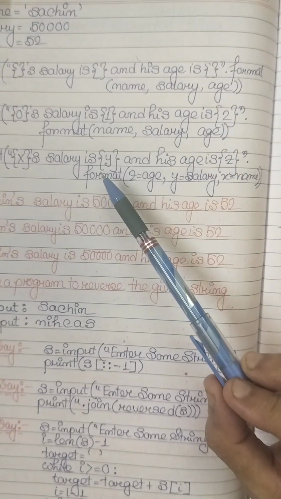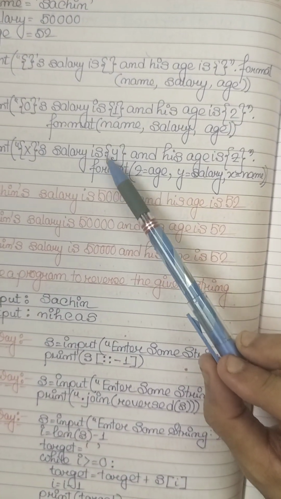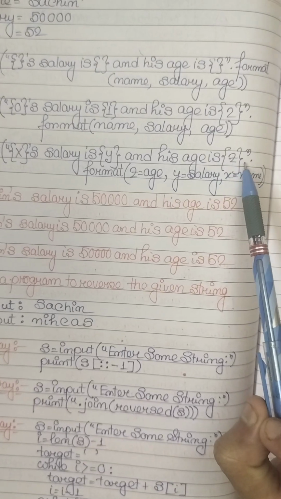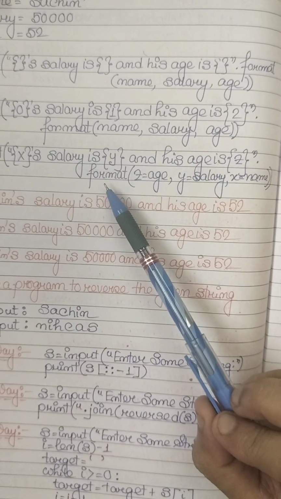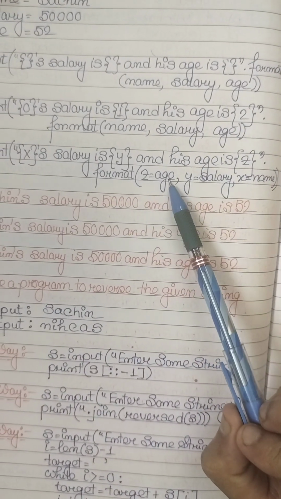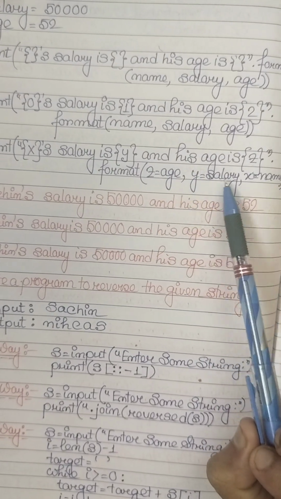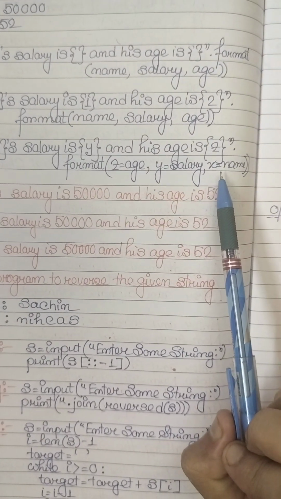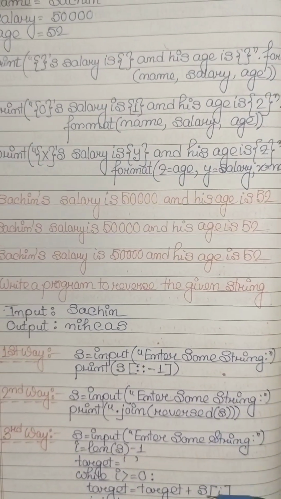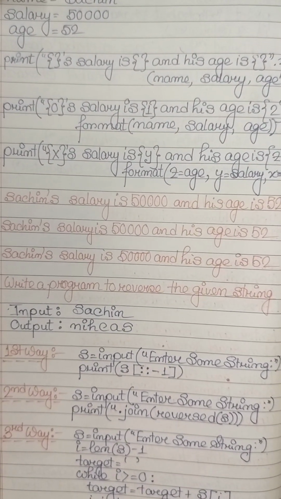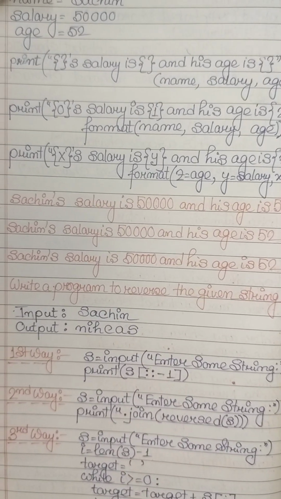Salary is y within curly brackets, and his age is z within curly brackets. Dot format z is equal to age, so we have put age in z, salary in y and name in x.